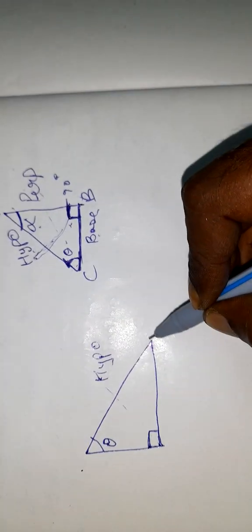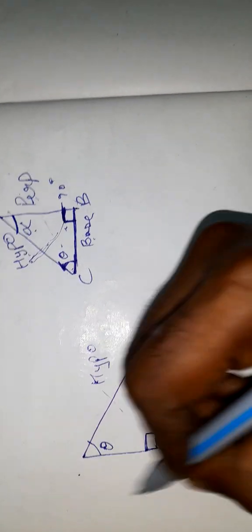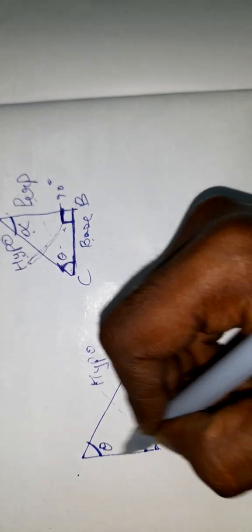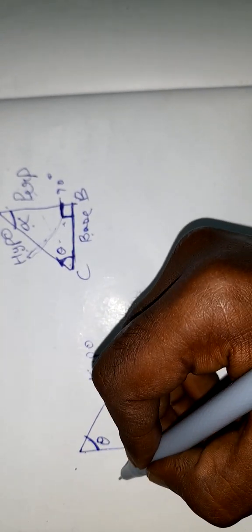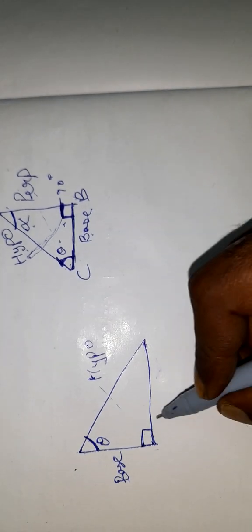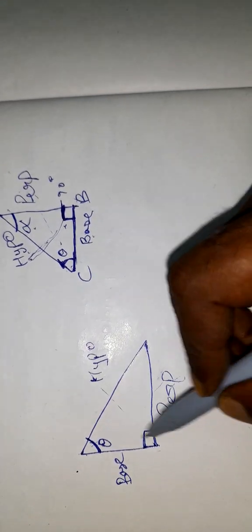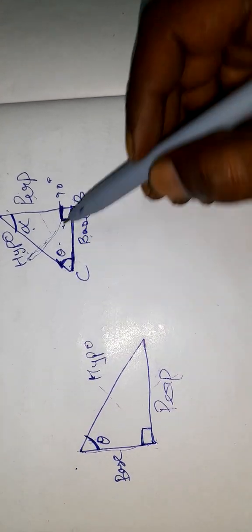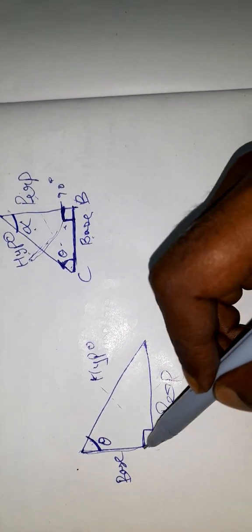This is the biggest side compared to these other sides. Where theta rests, with the 90 degree angle, that is the base. And opposite to theta is always the perpendicular. It looks like this way, but the base is this and the perpendicular is this. It's not necessary that the base is always this one.